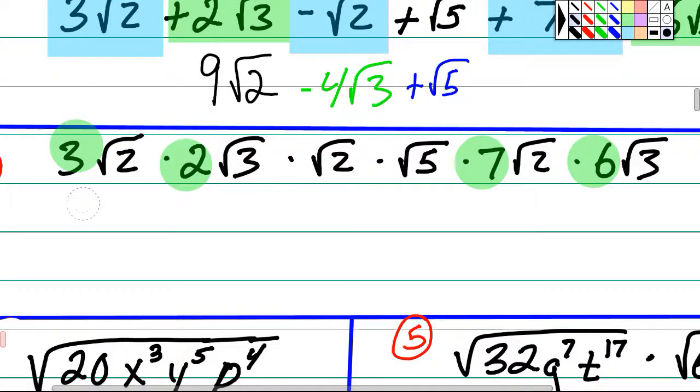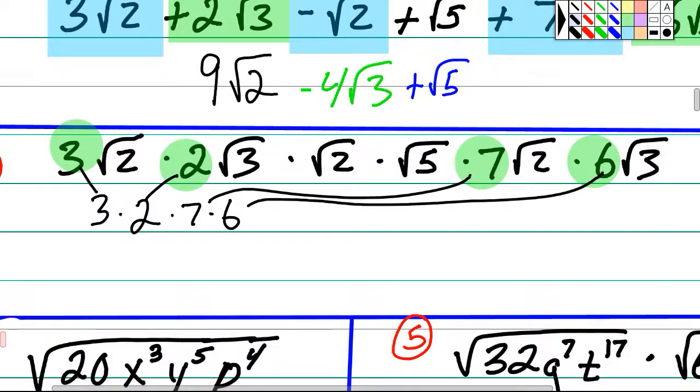I can have 3 times 2 times 2 times 7 times 6. See how I just brought all those numbers out to the front? Okay.